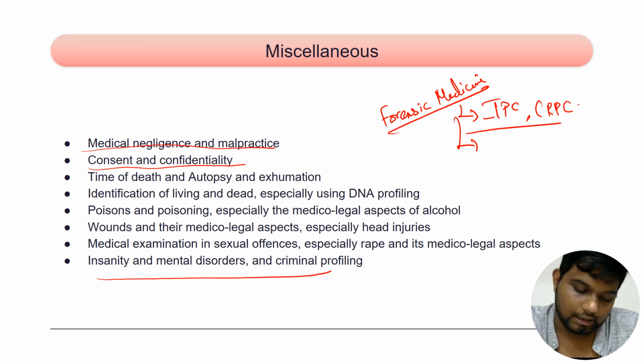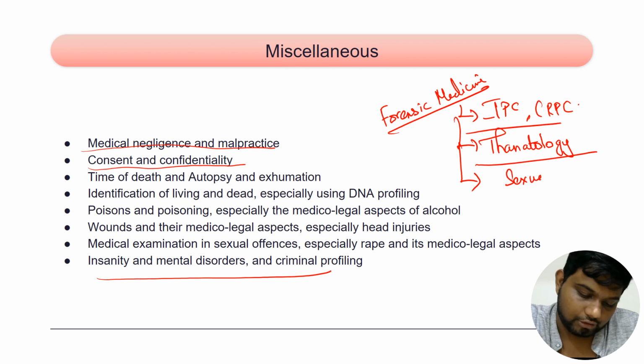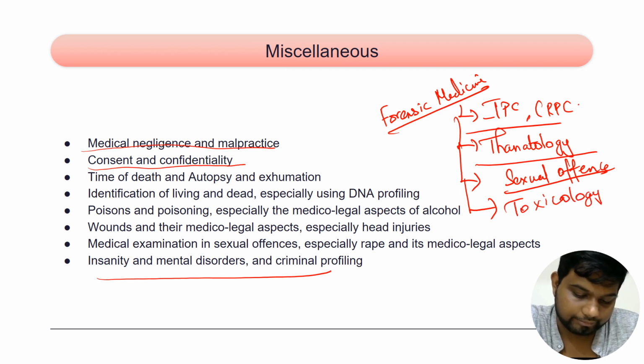Apart from that, the second most important area is thanatology: autopsy techniques, what type of autopsy is used for what purpose, and their definitions and techniques. The third is sexual offense, where you may expect one question. The fourth is toxicology, especially poisons and antidotes.